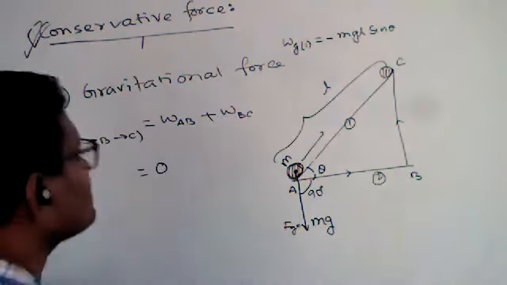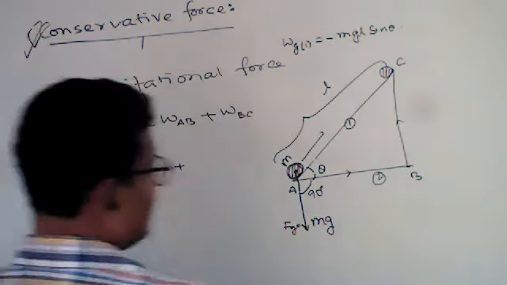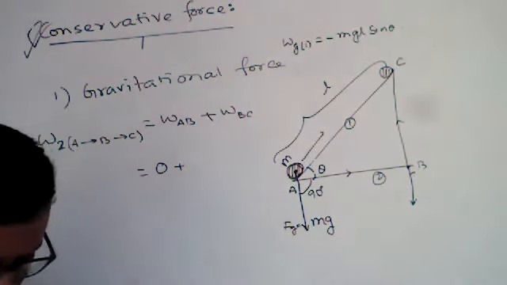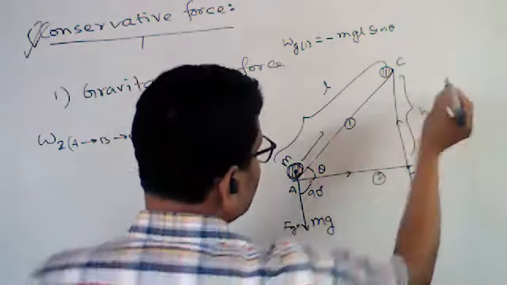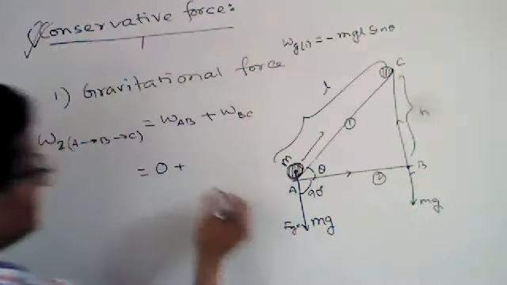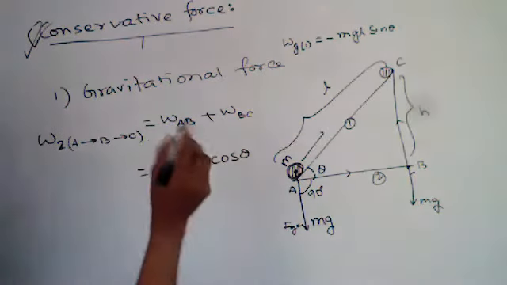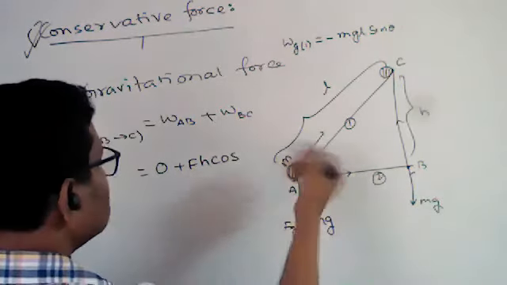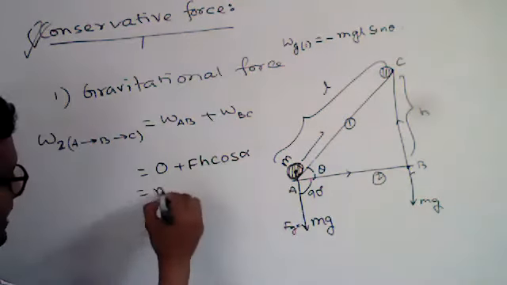Okay, for path B to C, the gravitational force is in this direction, and the displacement is BC. We do not know the value of BC. Suppose this is H, and this is mg. So we can write F H cos alpha. Now F equals mg.